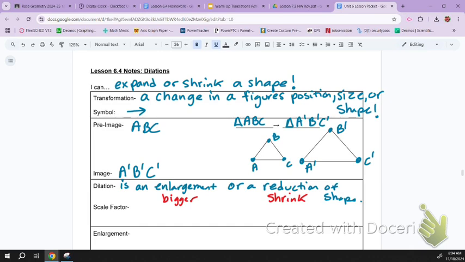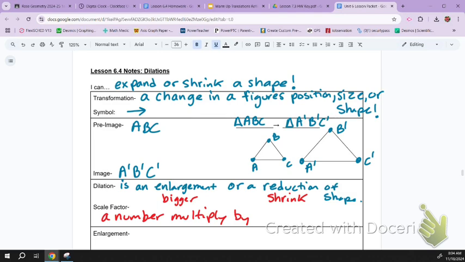Today we're going to talk about a scale factor. A scale factor is a number that we multiply by. And we're going to talk about specific scale factors.